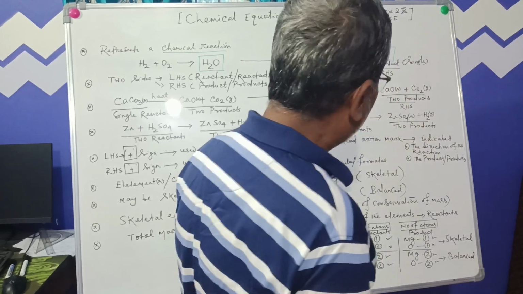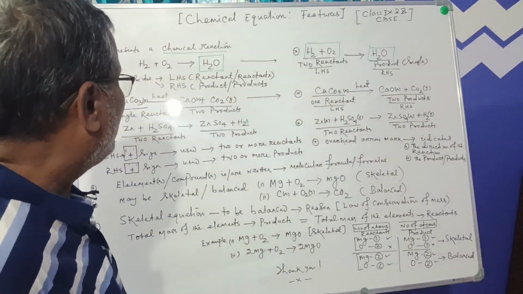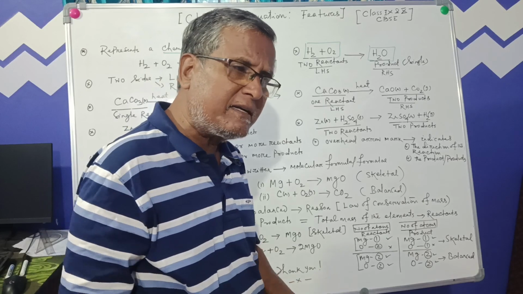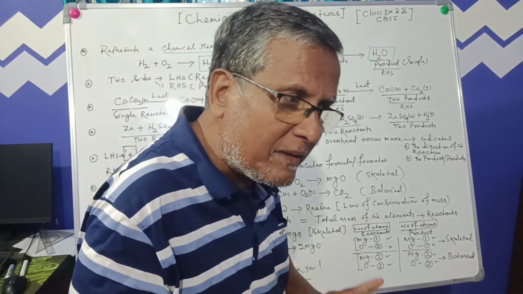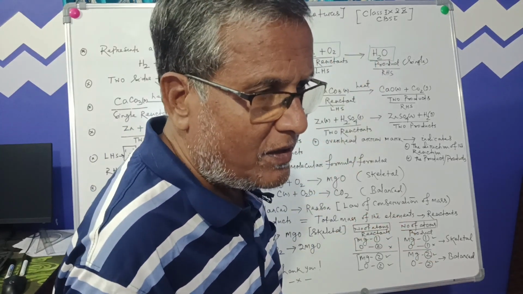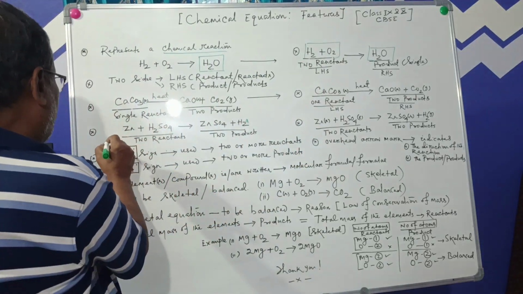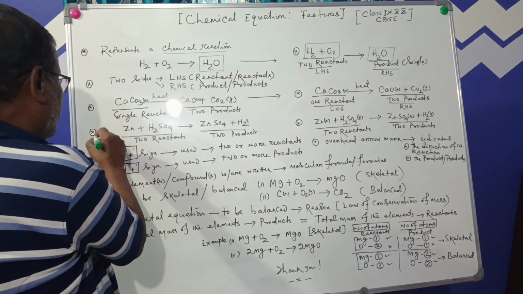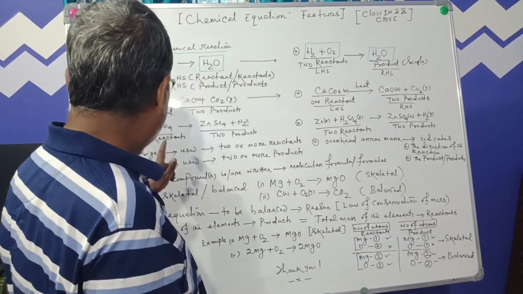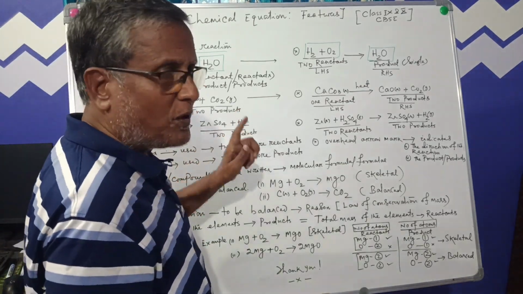Okay. Now the question arises: when two or more reactants are in a chemical reaction, how can we write? Well, we have to use this plus symbol between two reactants or two products.